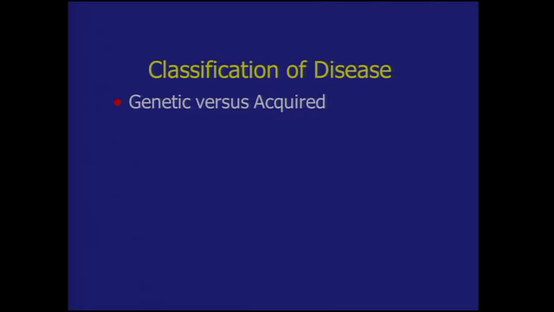Now, there are many ways to classify disease. I don't want to get hung up on this point. There are many ways to classify almost everything in biology. But some of these distinctions are worth keeping in mind. One can distinguish between genetic disease and acquired disease. So, for instance, although this is not an absolute distinction, if you inherit a gene for phenylketonuria, you will inevitably have severe symptoms unless your diet is changed to a very unusual diet, which eliminates phenylalanine.